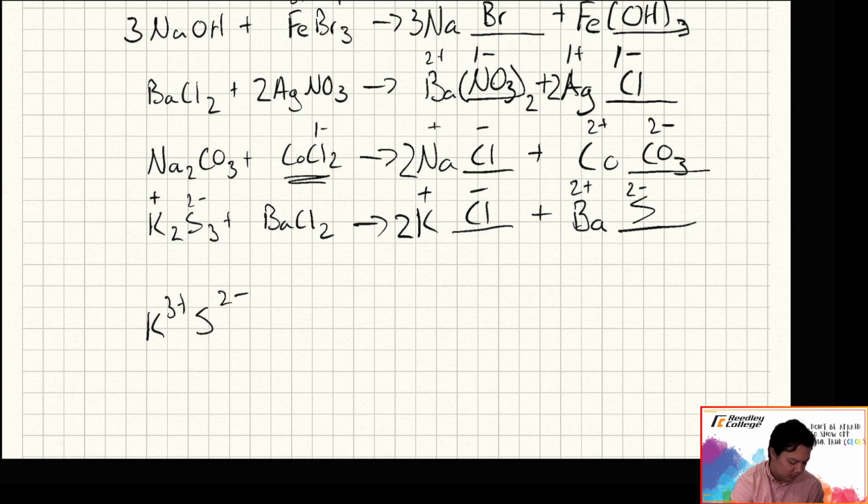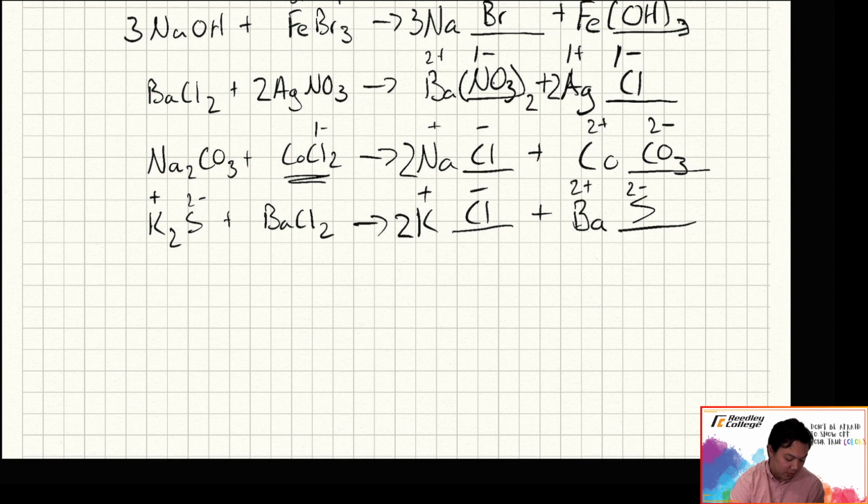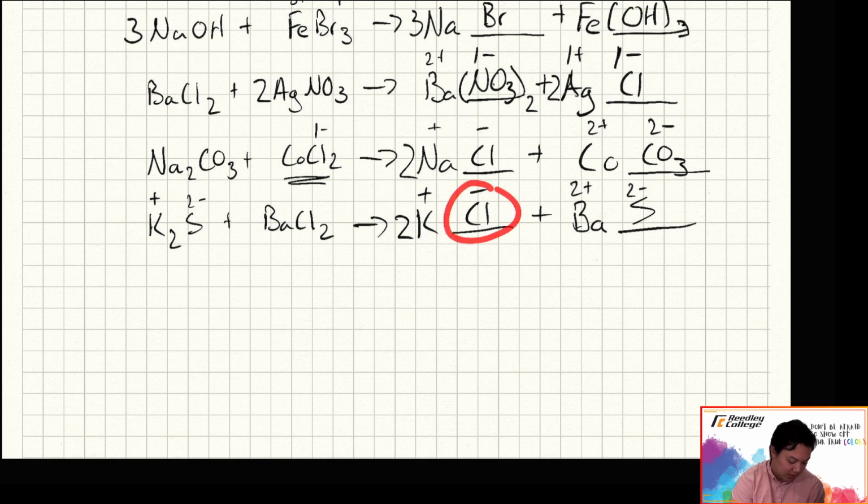Let's just rewrite this one real quick. K2S. I'm going to have to look into that and see why that was the case. So we have K2S, so it's still 2 potassiums. Now we have a single sulfur. We have our 2 chlorines. Right, so this balances here because of this. And then we have sulfur with a single sulfur.